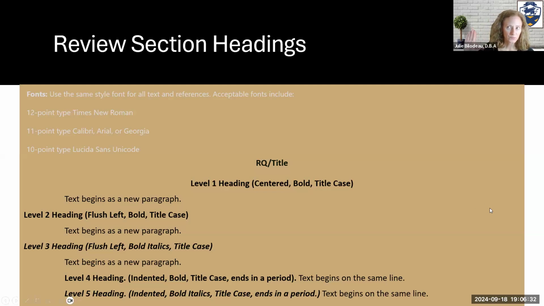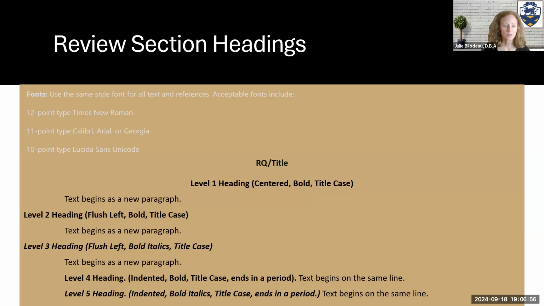Just know later, that will be something you'll pay attention to. Your title is done in the same format as a level 1 heading. However, your title does not serve as your first heading for the work. So you have your title, and then you'll have your first level 1 heading.